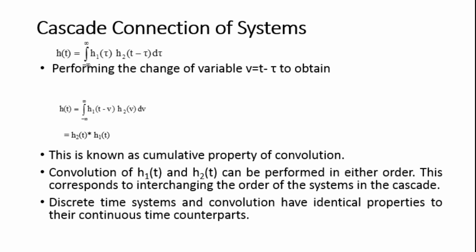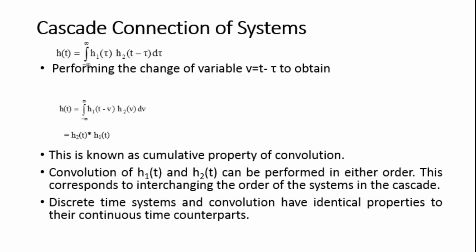h(t) = ∫ from -∞ to ∞ of h1(τ) h2(t − τ) dτ. Performing the change of variable v = t − τ, we obtain h(t) = ∫ from -∞ to ∞ of h1(t − v) h2(v) dv, which is equal to h2(t) convolved with h1(t).